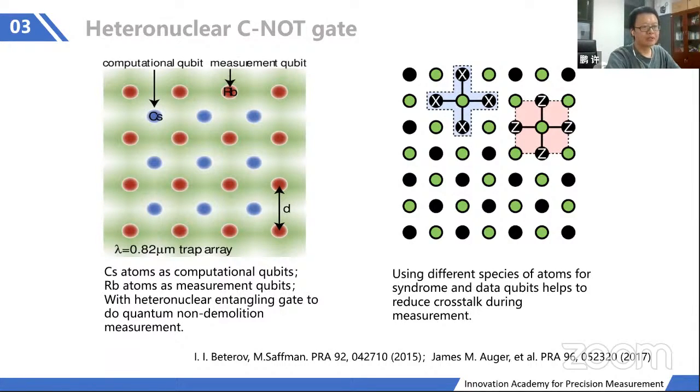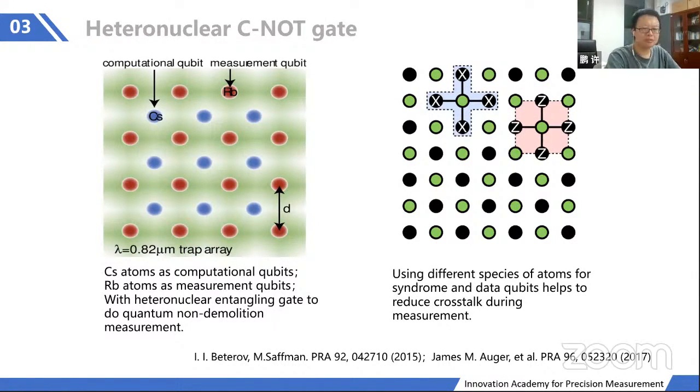If we look at the trapped ion system, they also use the heteronuclear setup, because they can use one atom for quantum computation and the other atom for sympathetic cooling, or they can use one atom for computation and the other ion for quantum interface.